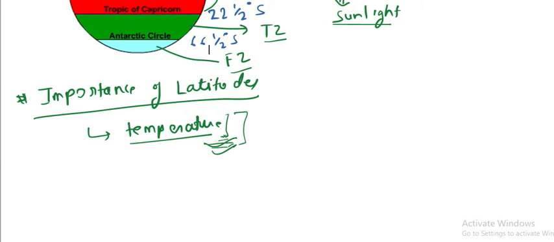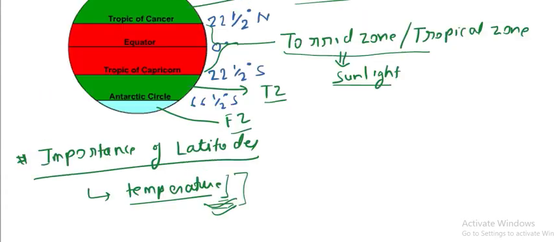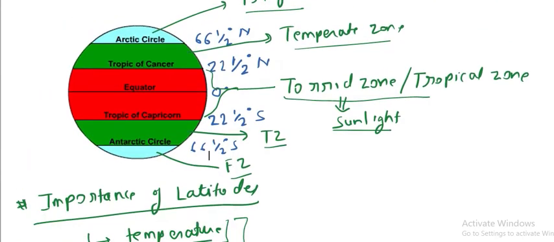Also, with the help of the latitude of any place, we can determine the distance of the place from the equator, right? Because we know that 1 degree equals 69 miles.